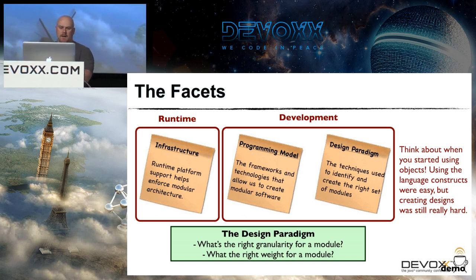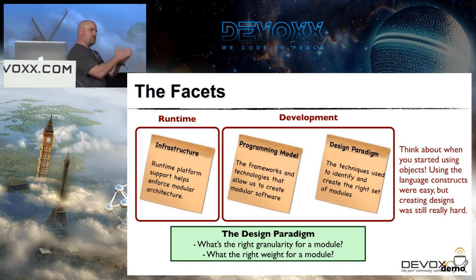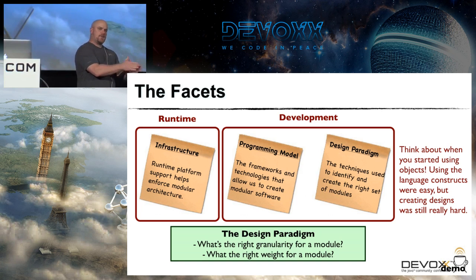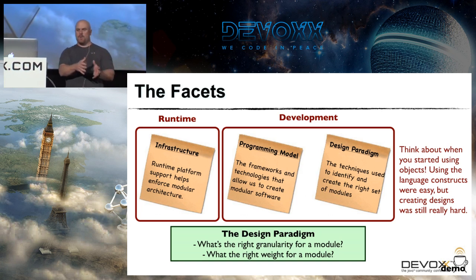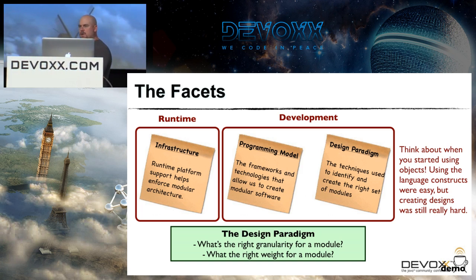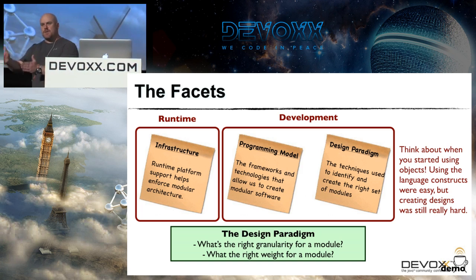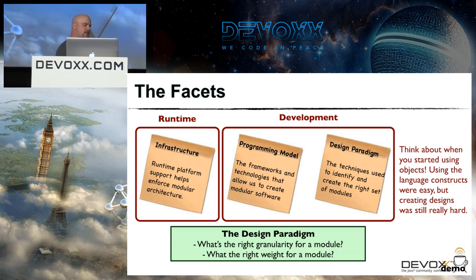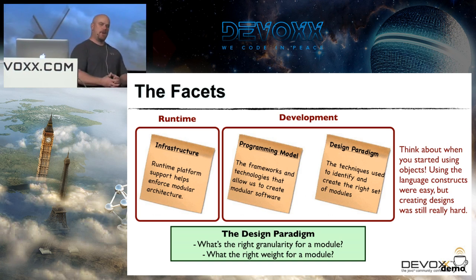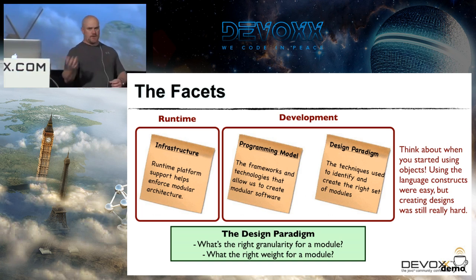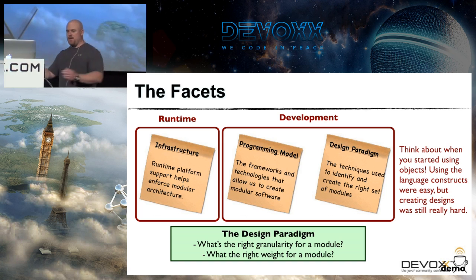The programming model and the infrastructure, the runtime, is a product of the framework that we will eventually use that brings modularity, that treats modularity as a first-class concept on the platform. That is, OSGi or Jigsaw, or perhaps something else will emerge.